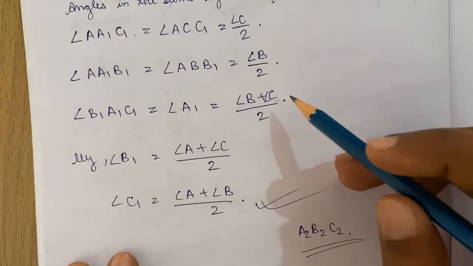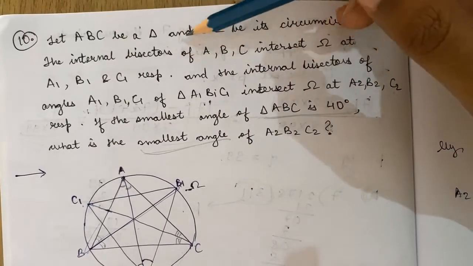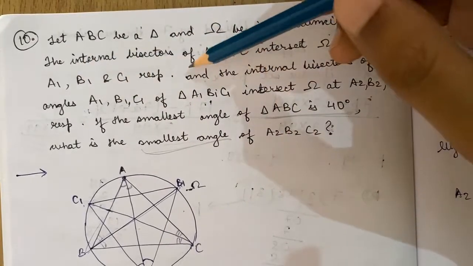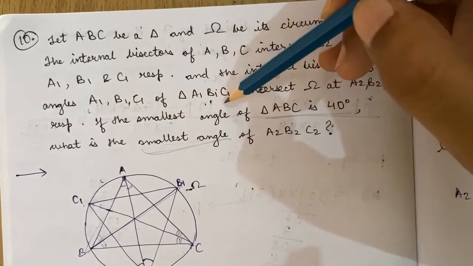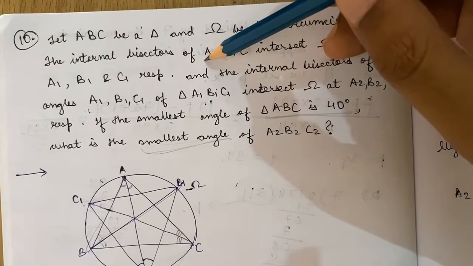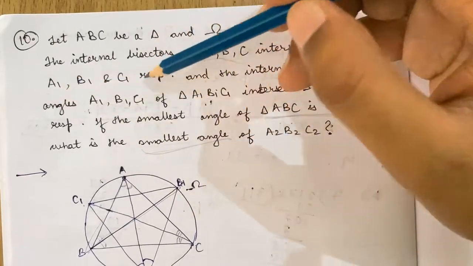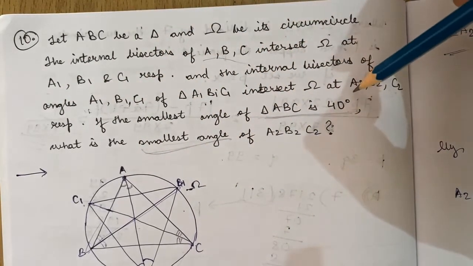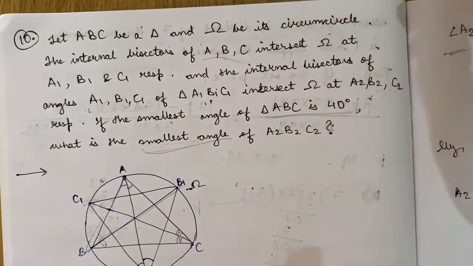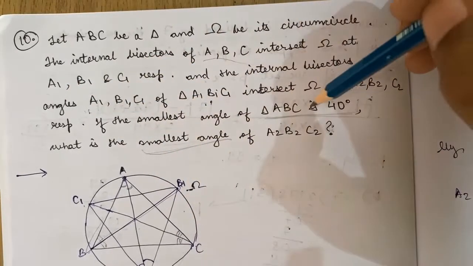So now let's get back to the statement of the problem. What we have here is that the internal bisectors of triangle ABC intersect the circle at A1, B1, C1. And again, the internal bisectors of angles A1, B1, C1 of triangle A1B1C1 intersect omega at A2, B2, C2. So the formula that we used to write the angles of A1, B1, C1 in terms of ABC could again be used to write A2, B2, C2 in terms of A1, B1, C1, because it is the same transformation that is used to get ABC to A1, B1, C1 and then to A2, B2, C2.